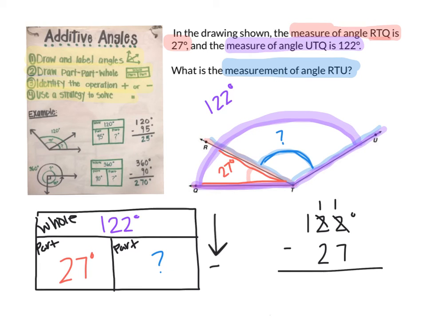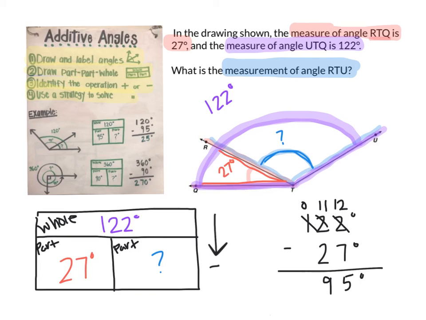Our 2 becomes a 12. 12 minus 7 is 5. Moving over, 1 minus 2. Can't do that, so we go next door and borrow. Our 1 becomes a 0, and our 1 becomes an 11 when we add 10. 11 minus 2 is 9. So we've got 95 degrees.